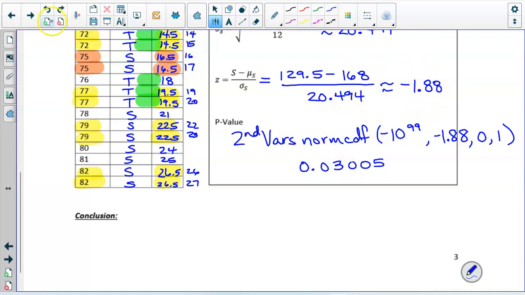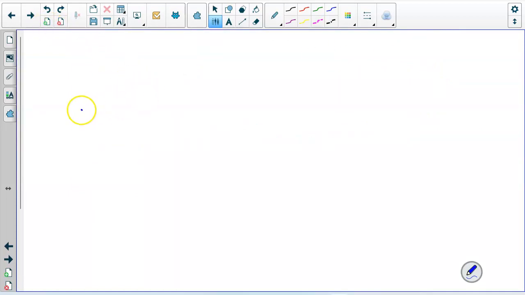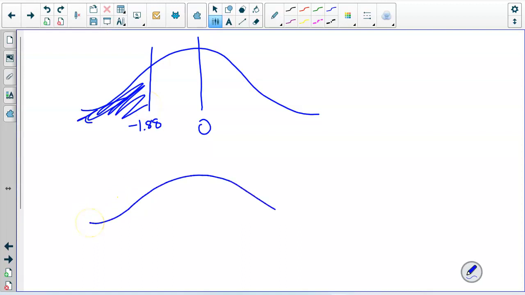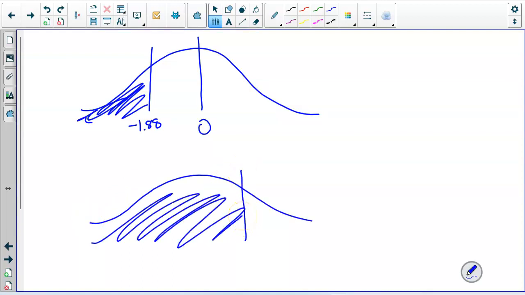Yes. So I have to think of it that way, truly. If this is 0 and I get a z-score of negative 1.88, that's creating that tail. So if it's positive, it's up here, which is actually not a tail, is it? So I would need to do 1 minus to get the tail.